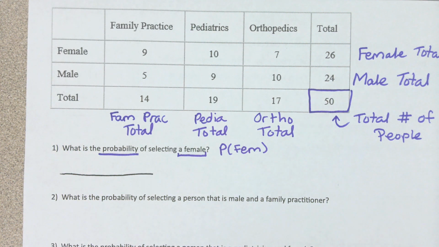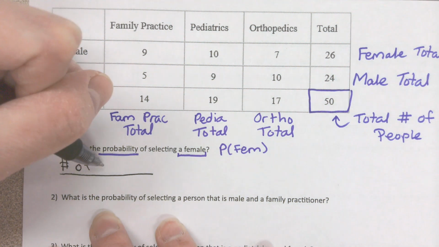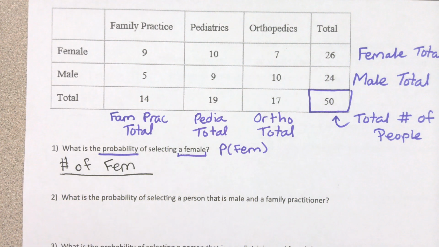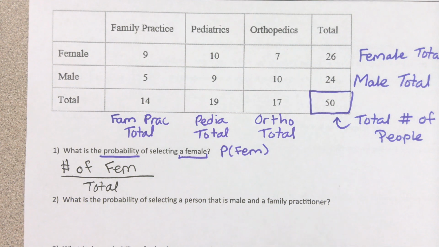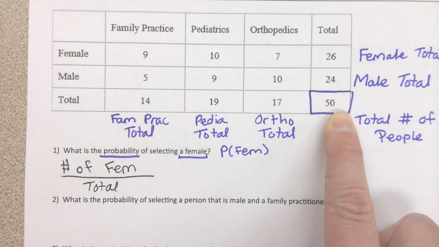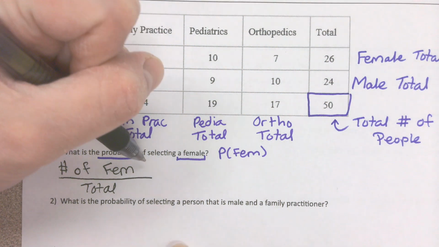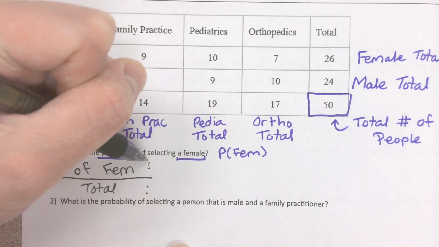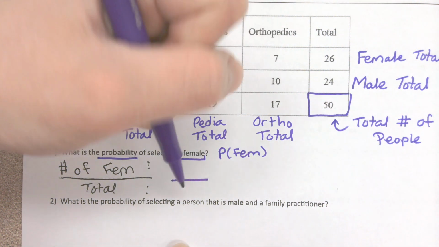This makes sure that we're looking at the correct numbers at all times. So we were probability of getting a female. On top, we put the number of females, because that's what we want. On the bottom, we just put the total. And when I say the total, I'm talking about the big total, the total of the totals. If I want a different total, then I'm going to specify later. So the big total is 50.